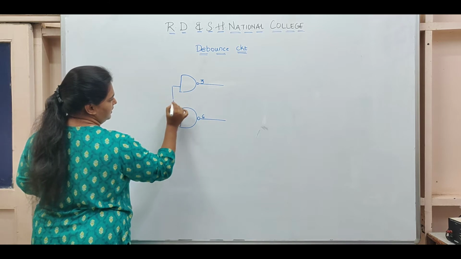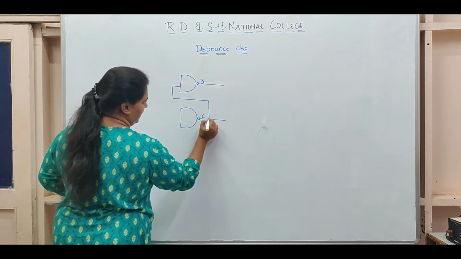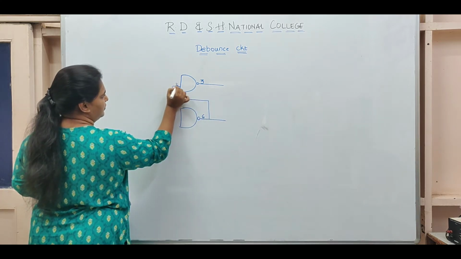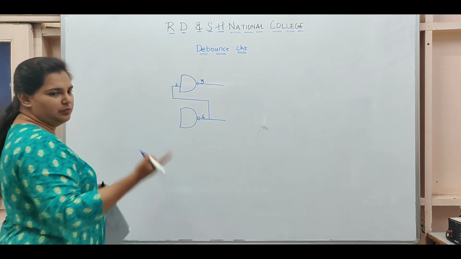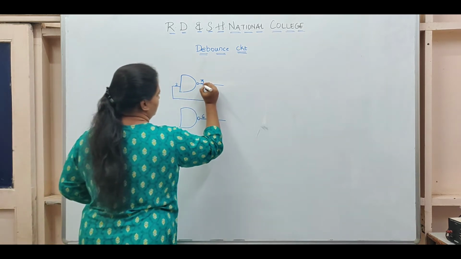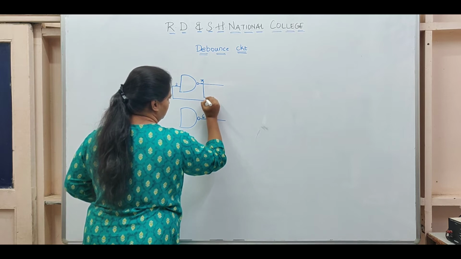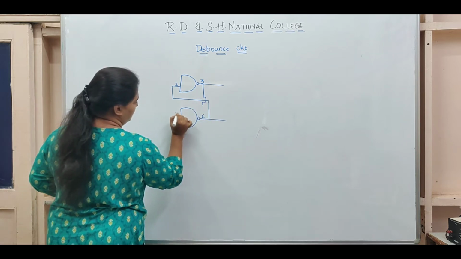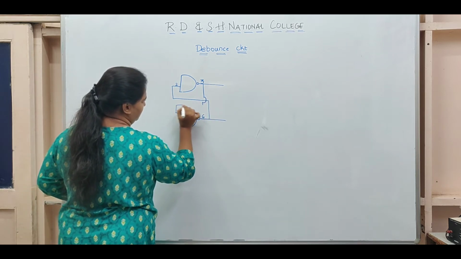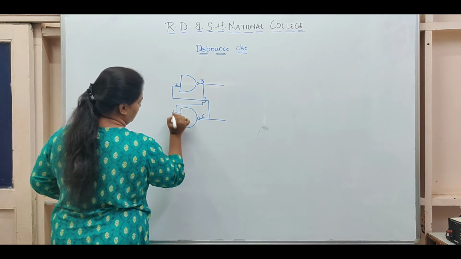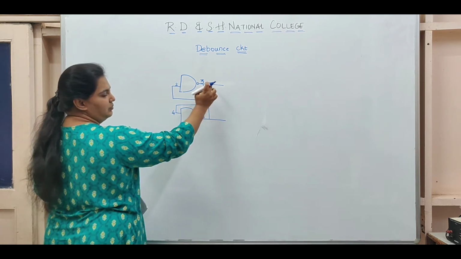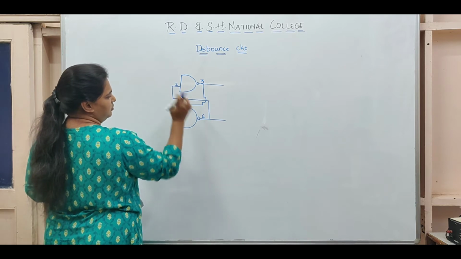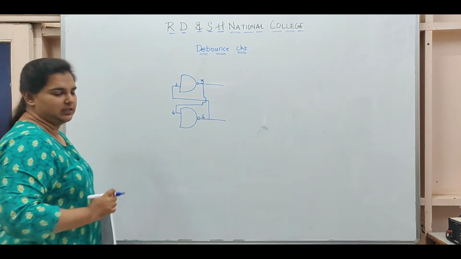One input is connected to the output of the other NAND gate. Similarly, this is also connected to one of the inputs of this NAND gate. Suppose this is my pin number 4 connected to output pin number 3, and this is pin number 2 connected to output pin number 6.